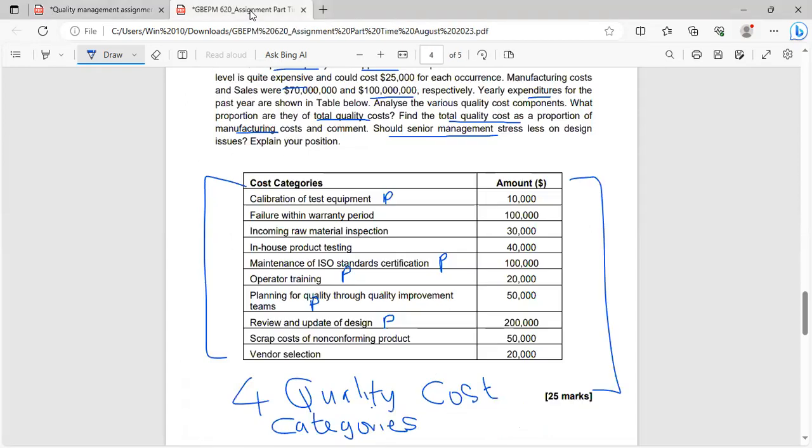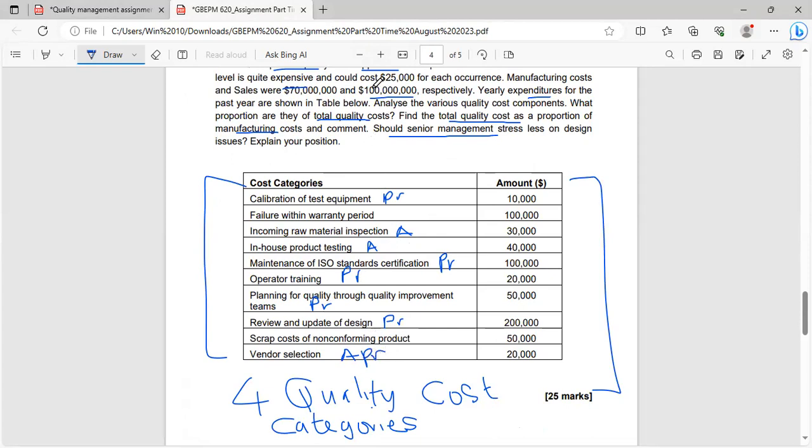All right, so for appraisal, we are simply saying incoming inspection is appraisal. The product testing is also appraisal. The vendor selection is appraisal. So this is prevention, prevention, and then we have appraisal.